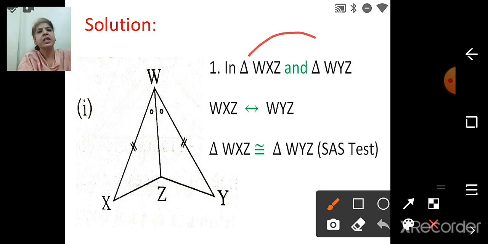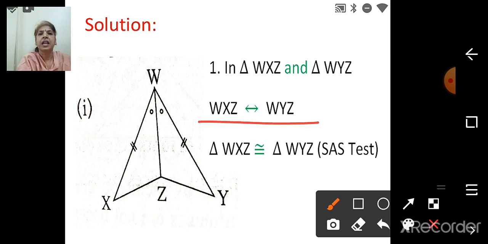We know vertex W is corresponding to W, and X is corresponding with Y and Z with Z. Then this is the correspondence. WXZ corresponds to WYZ.